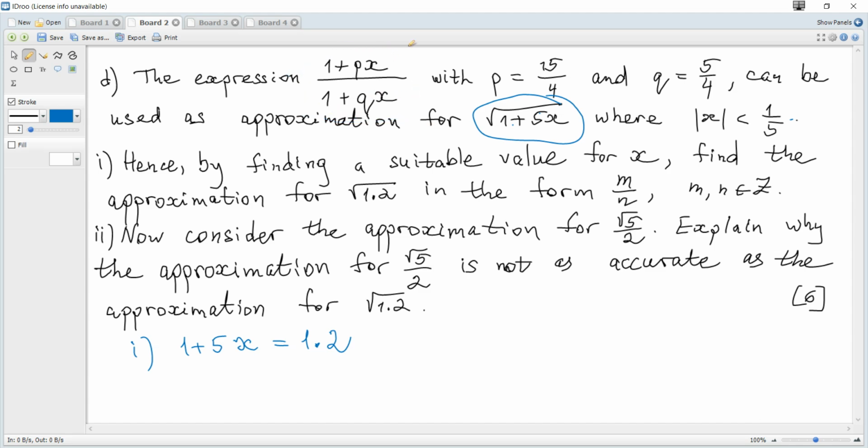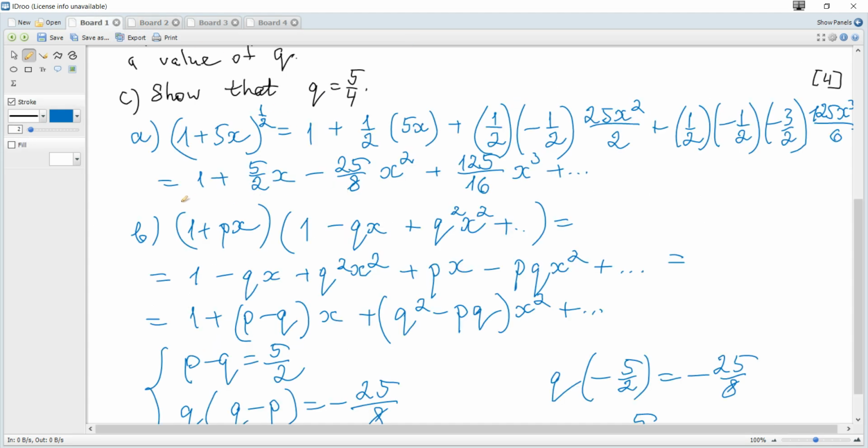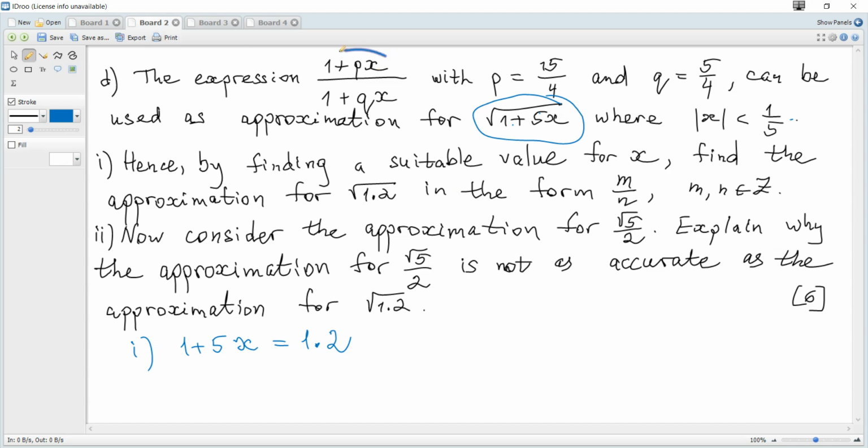but it is given that they are identical up to 3 terms, and if you substitute the found value for x into this, it will be the same, but it will be much easier just use this, because it is given that this expression can be used as approximation for this.